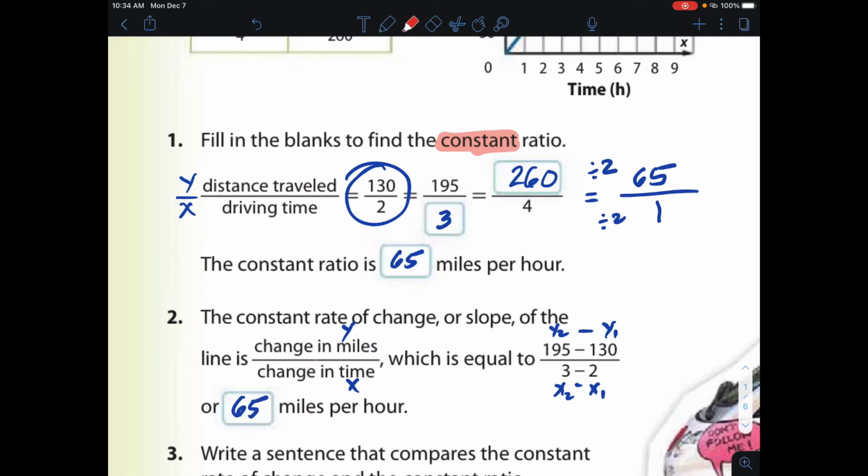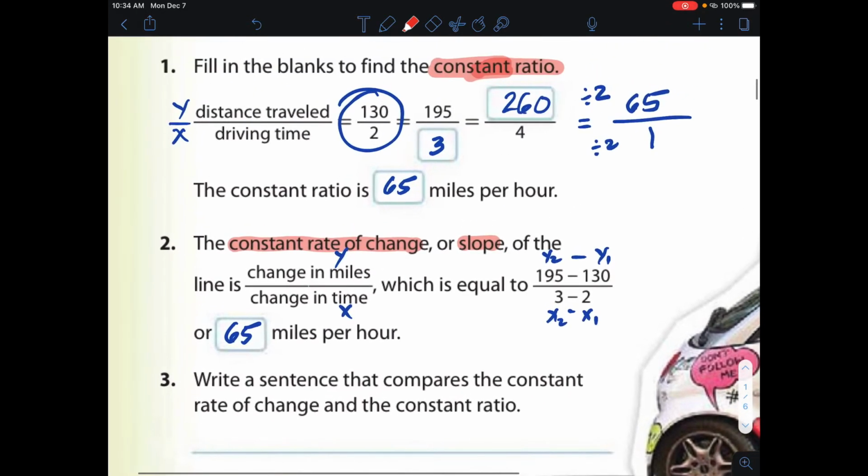So what is given here is the constant rate of change, or the slope, and what is also given here is the ratio. So how do we now answer number 3? Write a sentence that compares the constant rate of change and the constant ratio. Basically, they're the same.